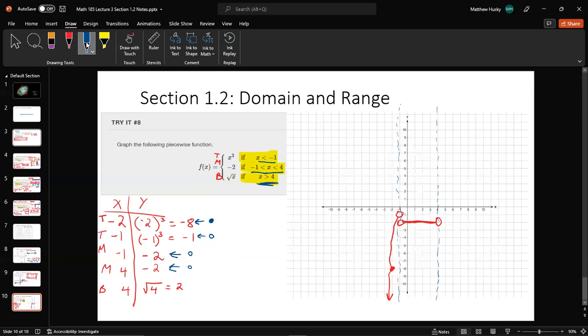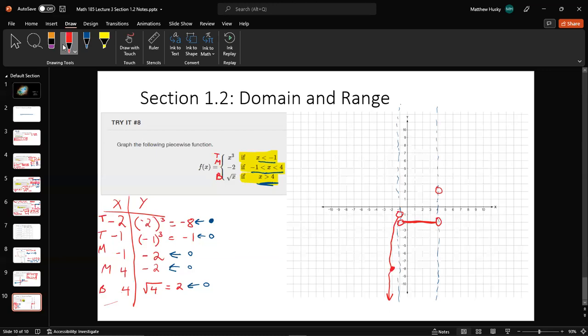It is not equal to. This would be an open circle right here, at the point 4, 2. You'd have an open circle right there, and you'd have that graph right there.